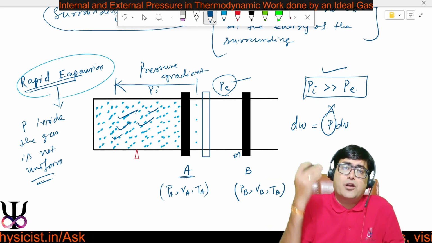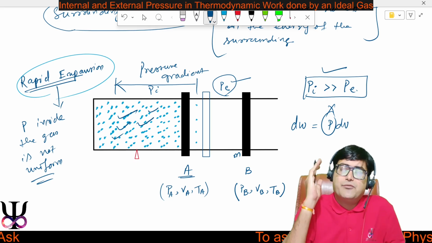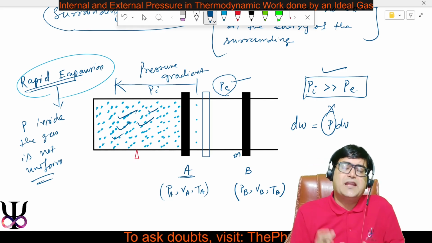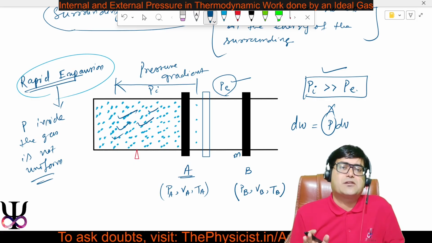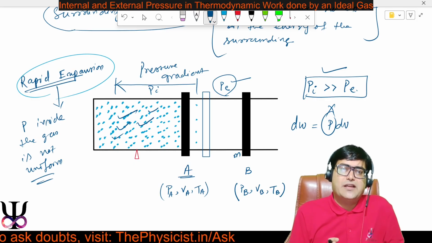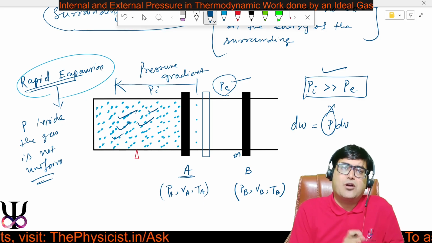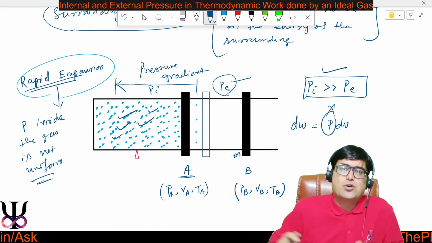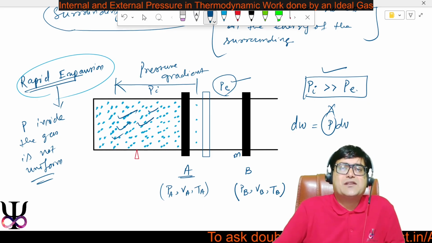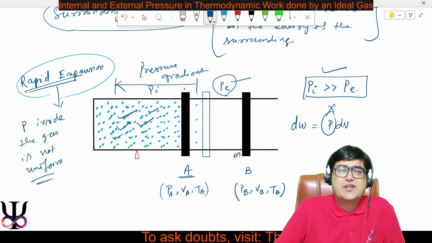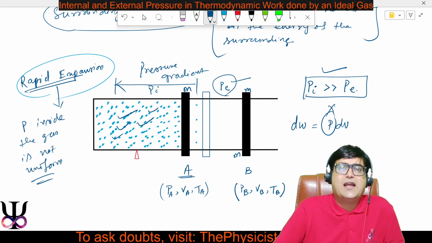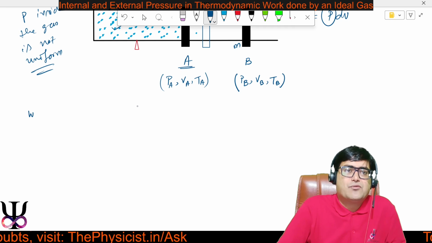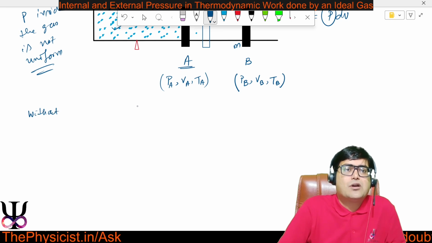I have already told you that for calculating work done by the gas, never consider the external pressure in general. It has to be either the internal pressure or something else for rapid expansions, I'm saying. So the only way, imagine if this piston has a mass m, and let's suppose there is no dissipation in rapid expansion, without dissipation.